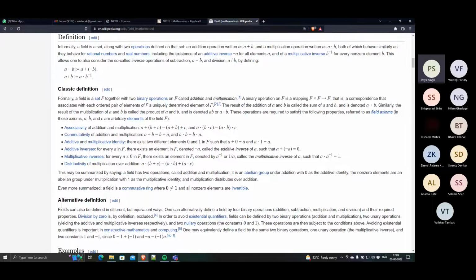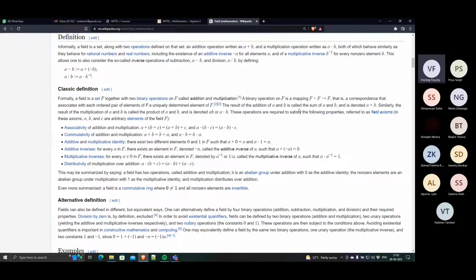Sir, 2 का inverse नहीं है ना? Correct. Because you just multiply 2 with every element. 2 into 0 is 0, 2 into 1 is 2, 2 into 2 is 4, but mod 4 is 0. 2 into 3 is 6, which mod 4 is equal to 2. So 2 into any a is not equal to 1. Therefore, 2 has no multiplicative inverse.